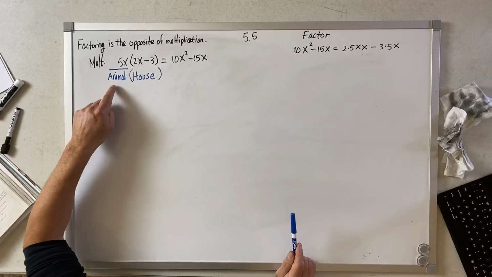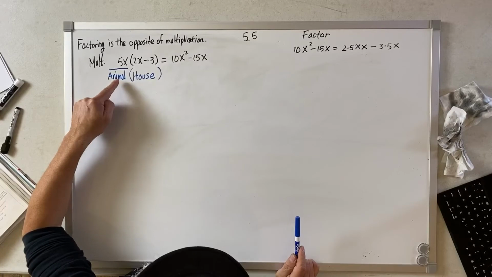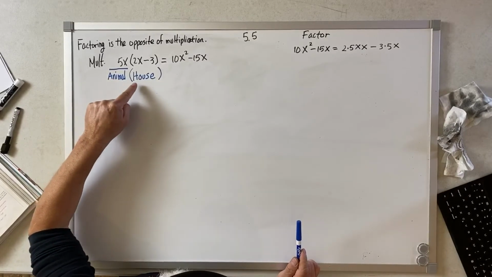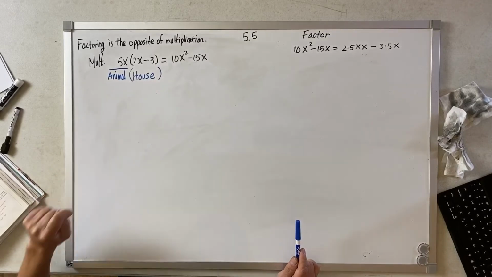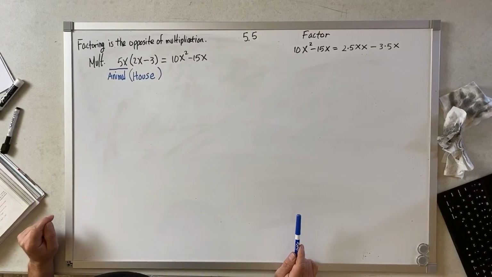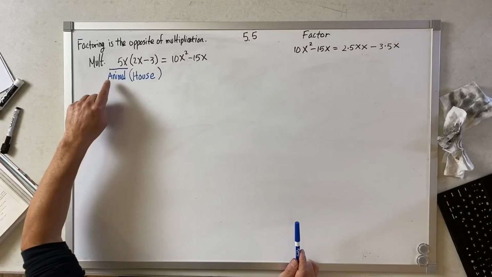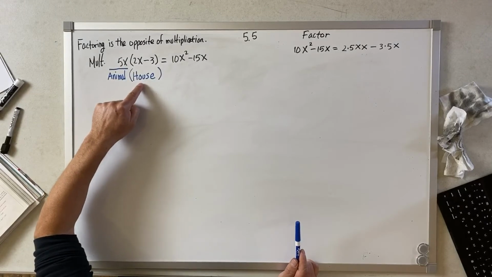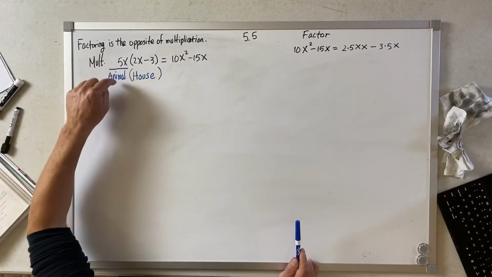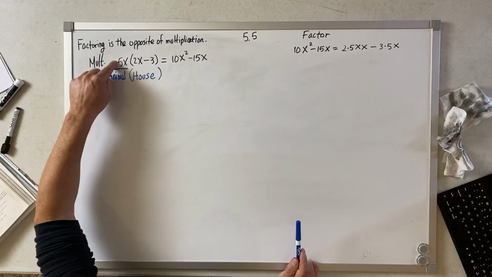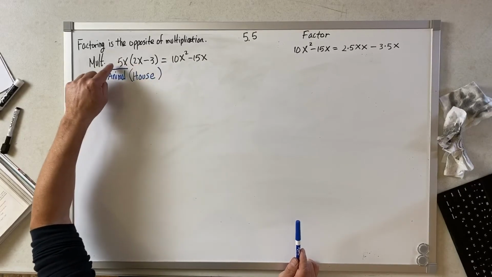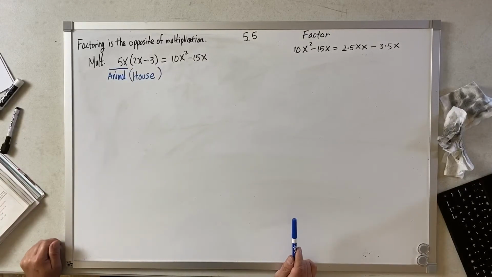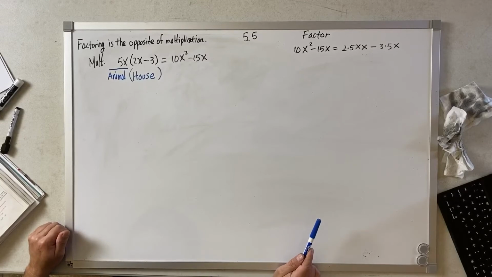So when you multiply, the animal goes into the house, and the animal is multiplied by everybody in the house. The animal is 5x, and 5x is multiplied times 2x, and 5x is multiplied times negative 3. No exceptions. The animal must be multiplied by everybody in the house.